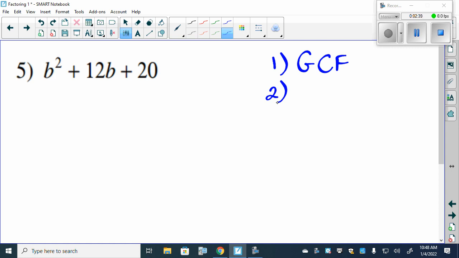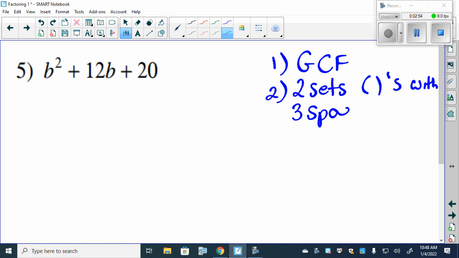Now our second step was to have two sets of parentheses with three spaces. 1, 2, 3.